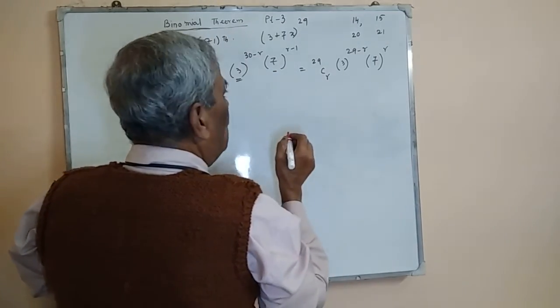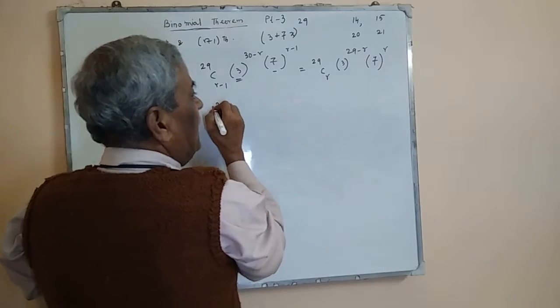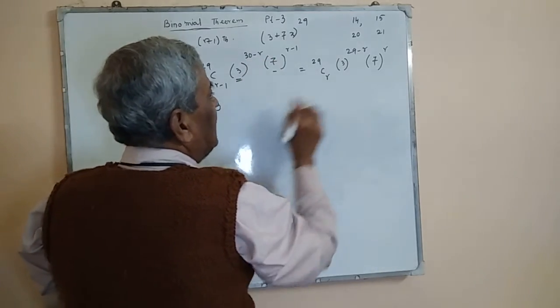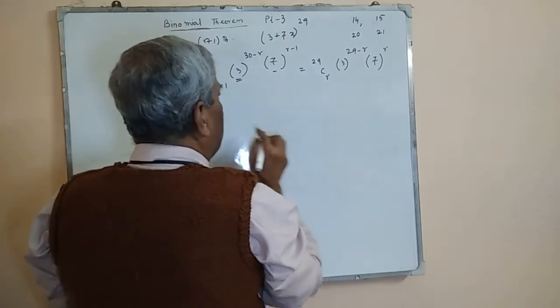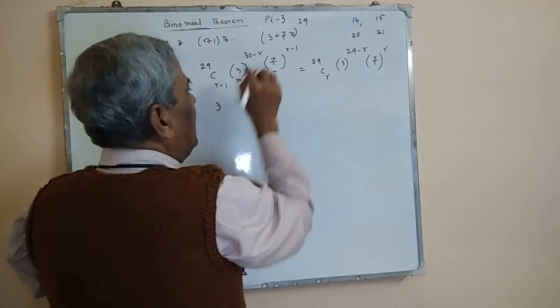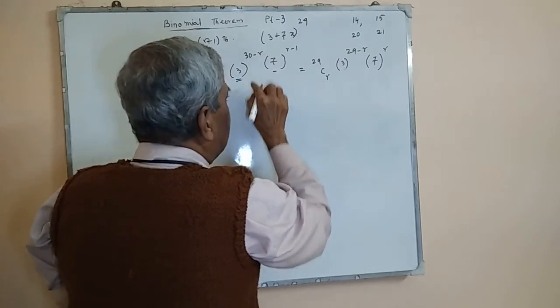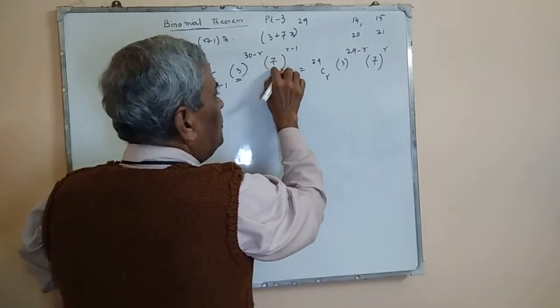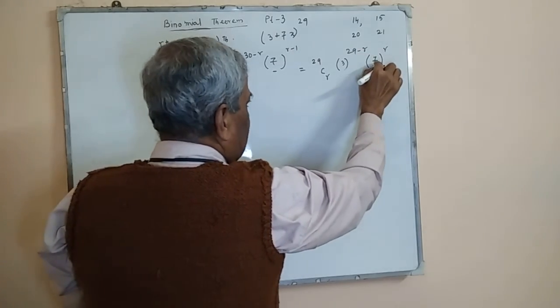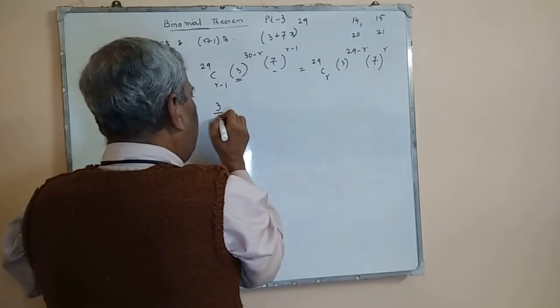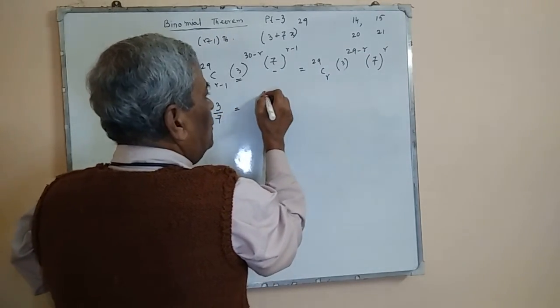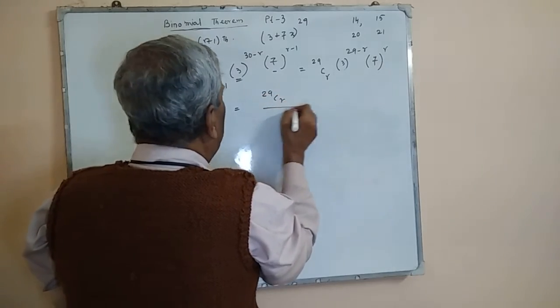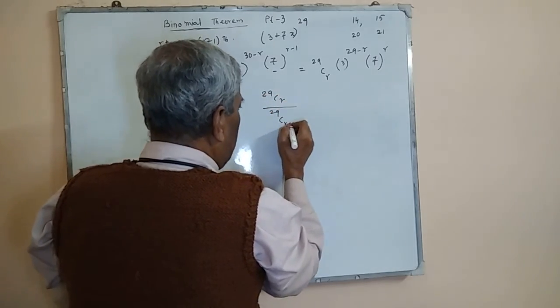Here 3 to the power 30 minus r, and here 29 minus r, so 3 divided by that. 7 to the power r minus 1 and here 7 to the power r, that divided by 7, is equal to 29 C r by 29 C r minus 1.